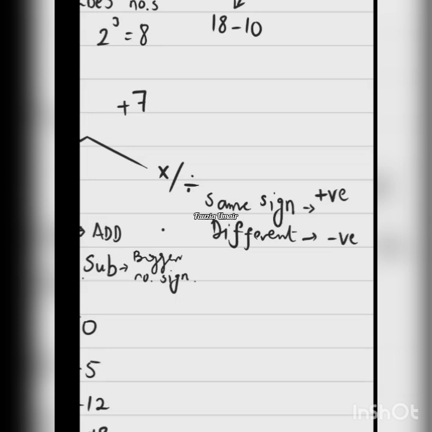We need to see what operation the two integers are having in between. If there is a plus or minus sign, then we will follow the first rules. If it is division or multiplication, then we will use the simple rule. If the same sign is there, the answer is always positive. If there is a different sign, the answer is always negative.